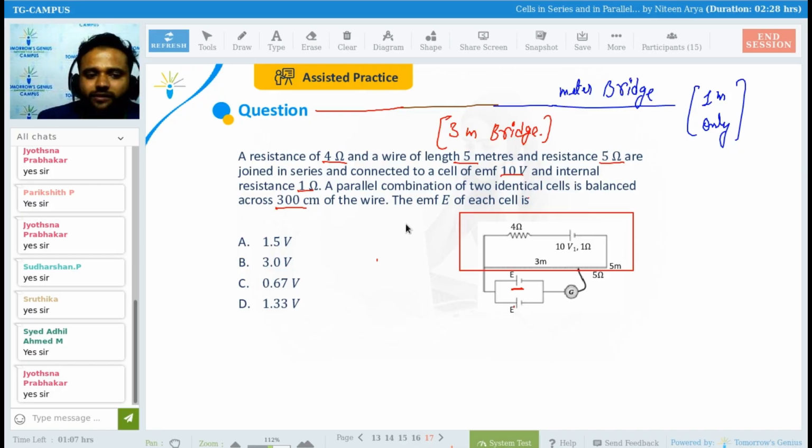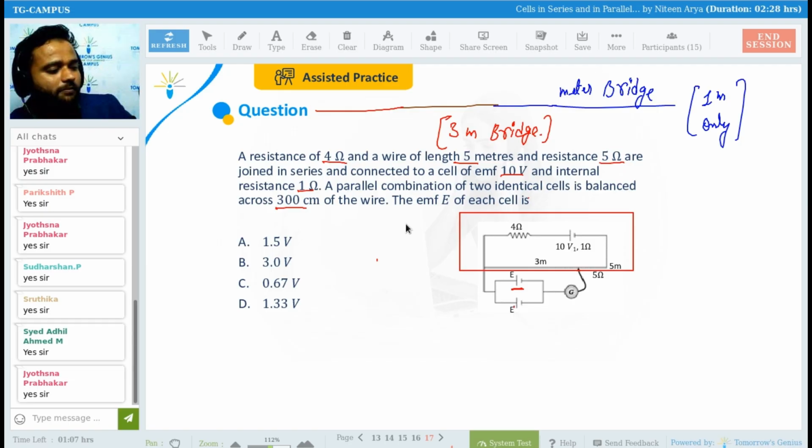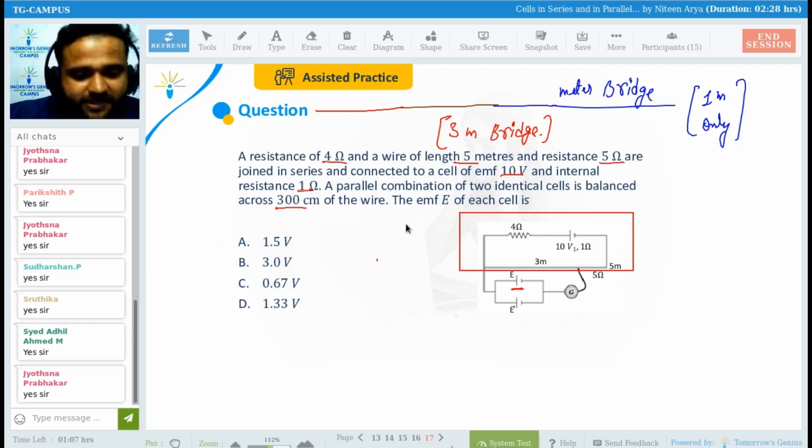If you still want to solve, I'm going to give you 1 minute, because after that we have 1 hour, so we can understand it with a much better explanation. This question you can understand more efficiently with the help of potentiometer.